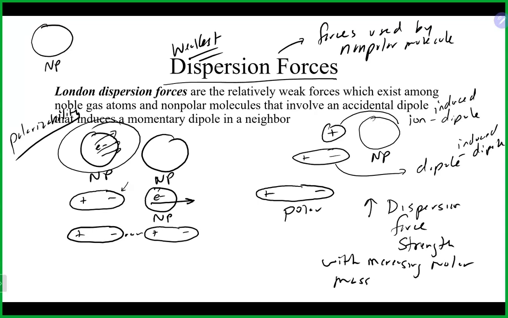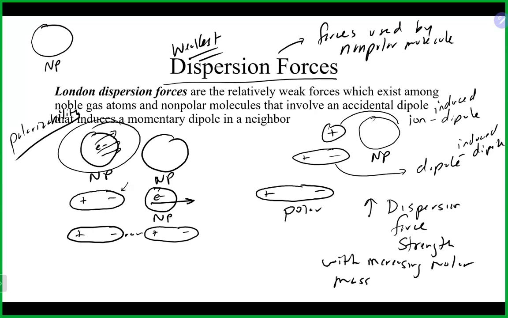So if you're comparing, for example, two nonpolar molecules and you want to know which one might have the stronger dispersion force, the one that is the larger nonpolar molecule will have a greater dispersion force. And that is because if it has more molar mass, it means it has more atoms.